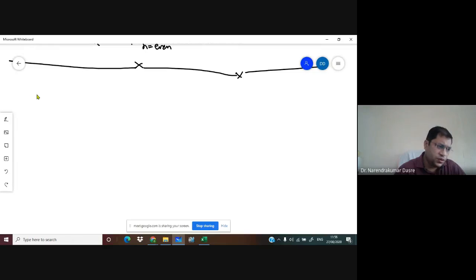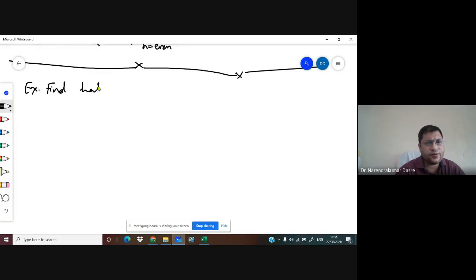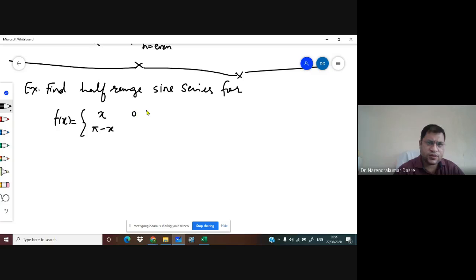Find the half range sine series for f(x) is equal to x for 0 less than or equal to x less than or equal to pi by 2, and pi minus x for pi by 2 less than or equal to x less than or equal to pi.